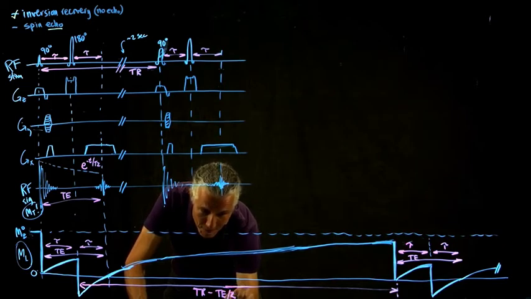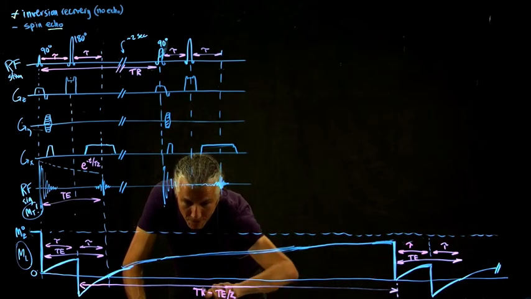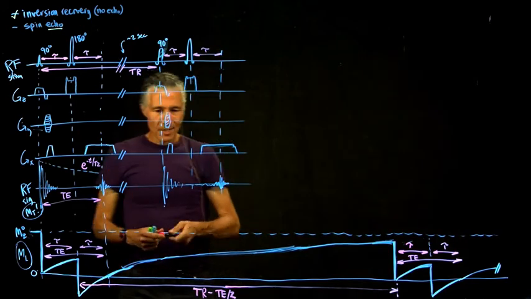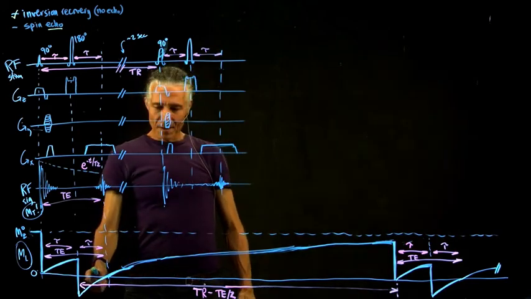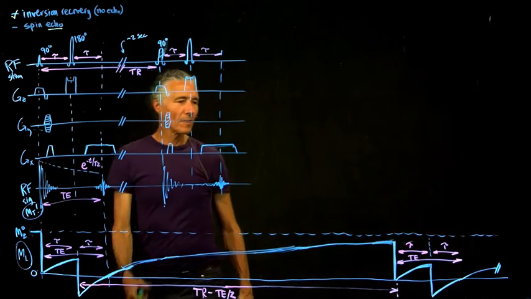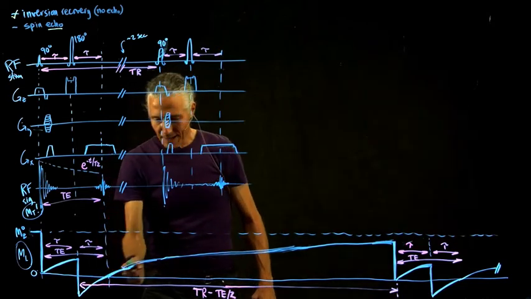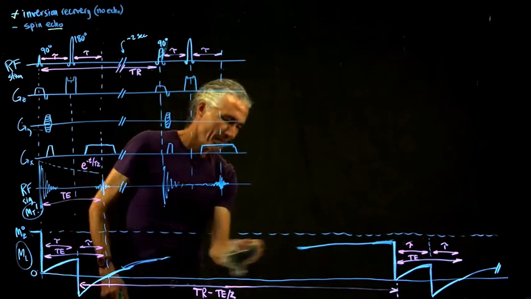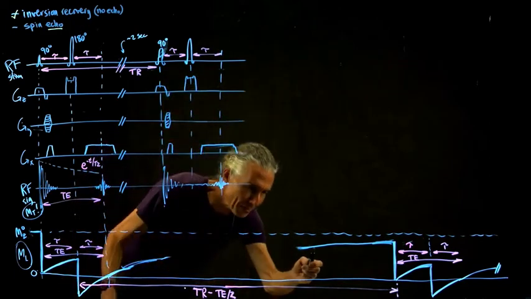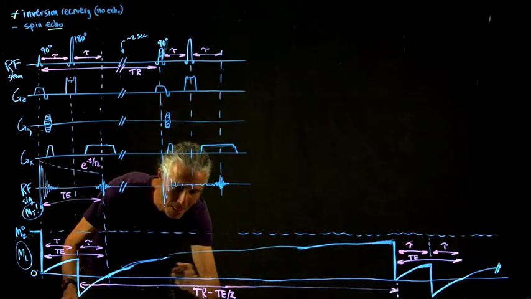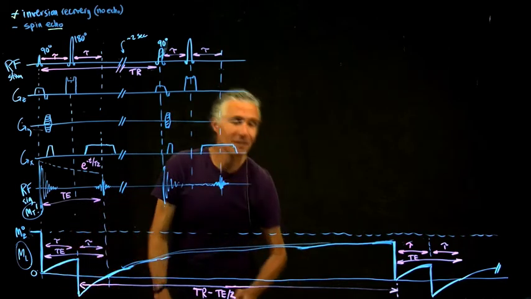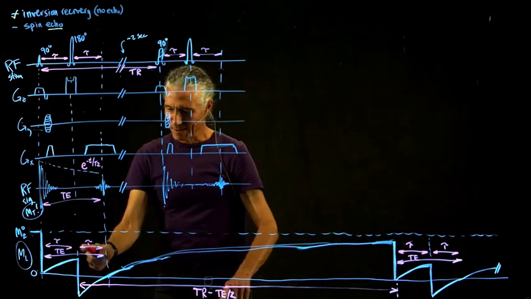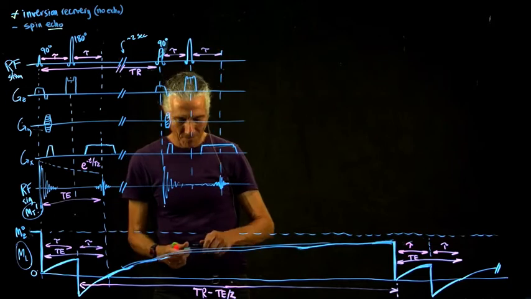That number will appear in our equation. That's how long it takes for this guy to recover. I'm bound and determined to get my exponential regrowth. Okay, so that's TR minus tau, which is TE divided by 2.